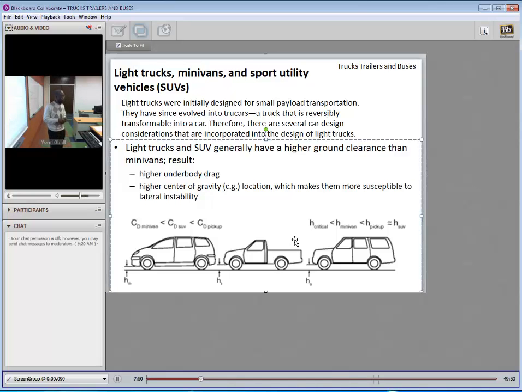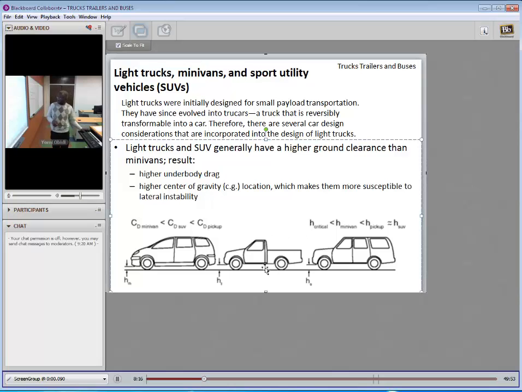The underbody drag for the SUV is about the mid value between them. It's higher than the drag for the minivan, and they're both lower than the drag for the pickup.